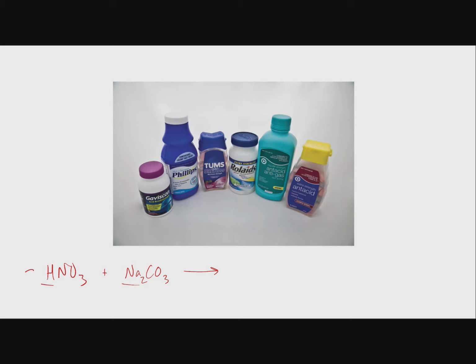I'm going to need 2 of these. So we'll see, we're going to get H2CO3, and we're going to get NaNO3. Now I know I needed 2 because I have 2 Nas here. So that means I'm going to need 2 of these nitrates. So I need a 2 there. That also gives me 2 H's, so I can put my 2 H's there, where the sodiums were. So these are the 2 compounds I get.